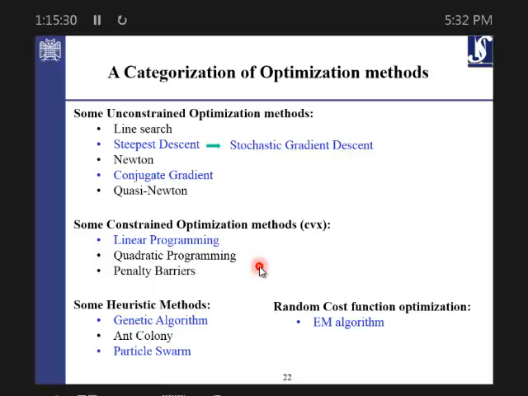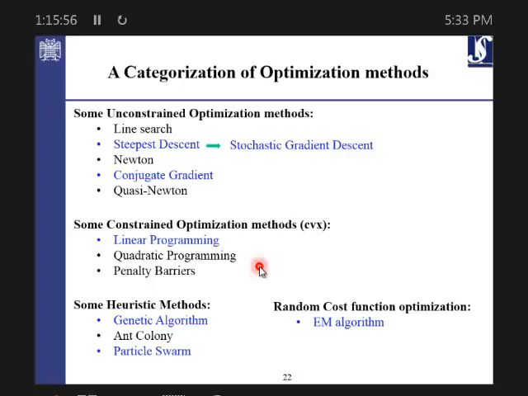For convex optimization, we have linear programming, simplex and interior point methods, and in MATLAB you have all of them. You have quadratic programming, which is the case where the cost function that you try to minimize, for example, is quadratic, of second degree. Linear is linear, this one is quadratic.